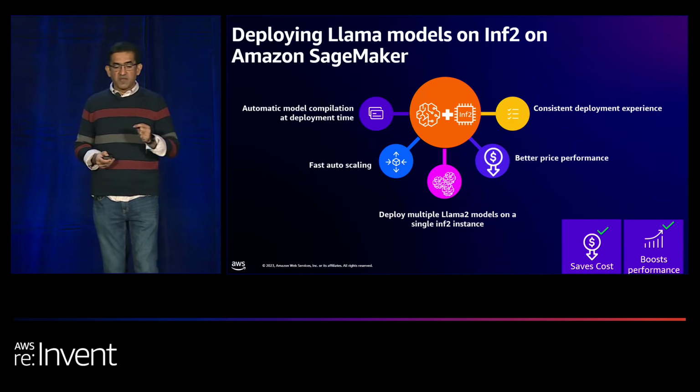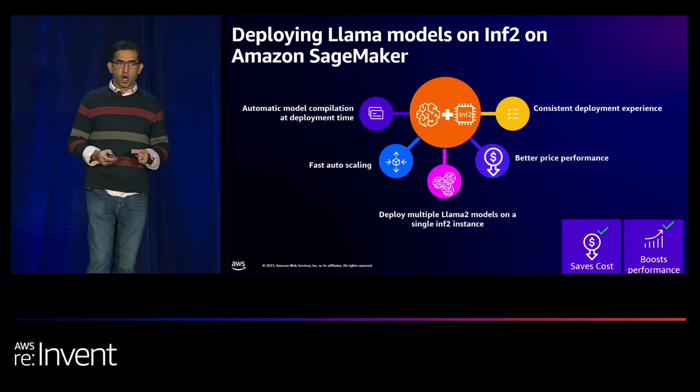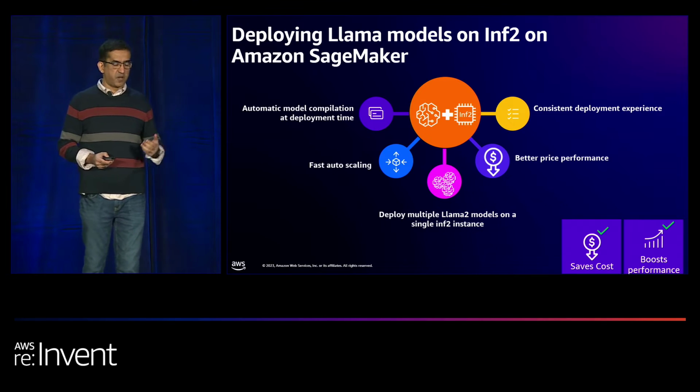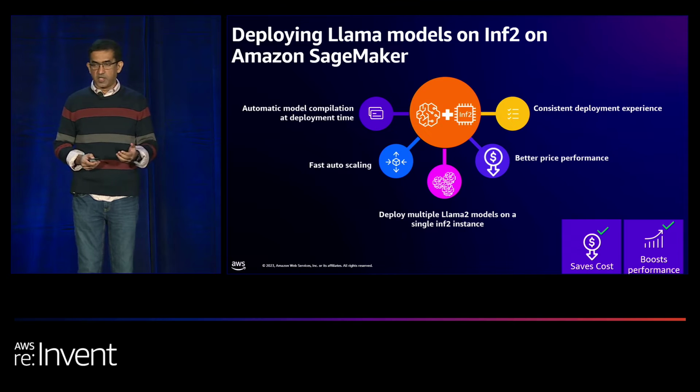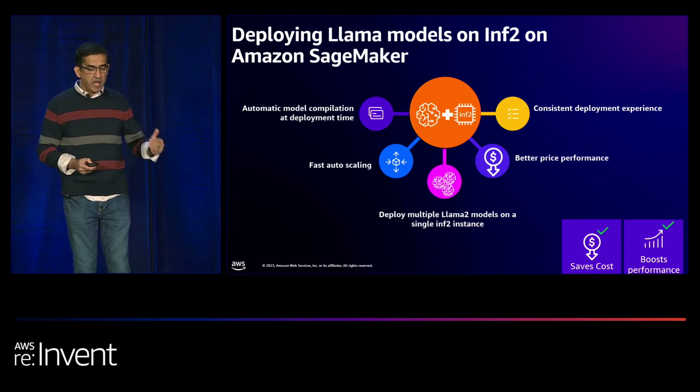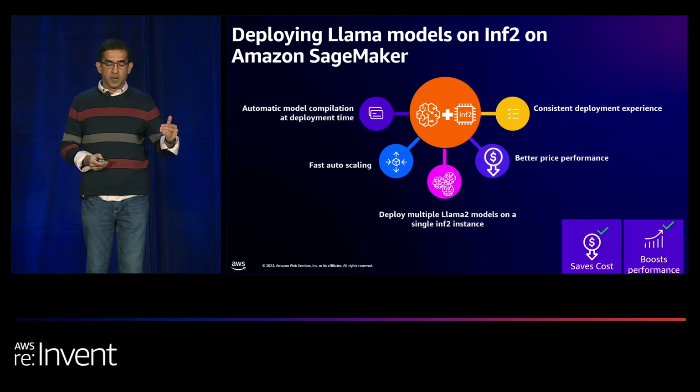You can save even more costs by deploying models on Inferentia-based instances. As I said earlier, these instances offer up to 40% better price performance over a comparable generation of GPU-based instances. And on SageMaker, this benefit stacks up over the ability to deploy multiple models on the same instance.